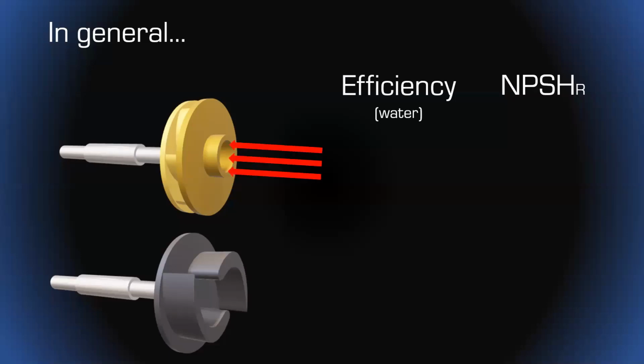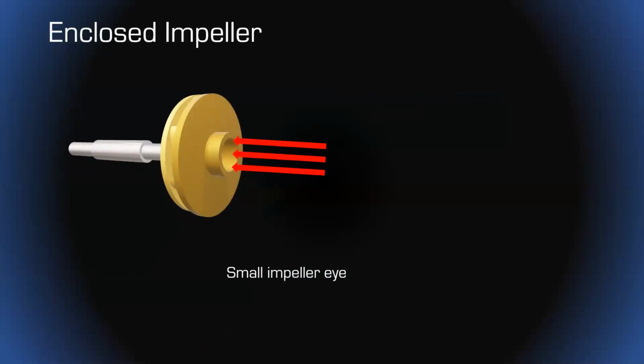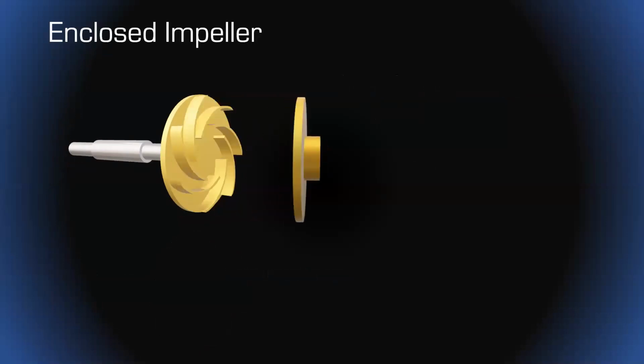If we think about the flow through an enclosed impeller, extremely efficient, okay? Let's take a look inside. We're going to slice this impeller open. Remember, it doesn't have a front wear plate. I have to actually cut this impeller open to see what's going on inside.